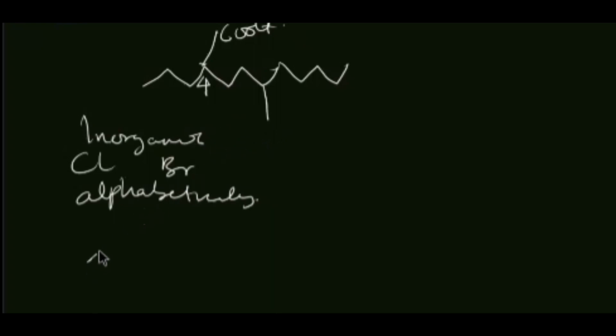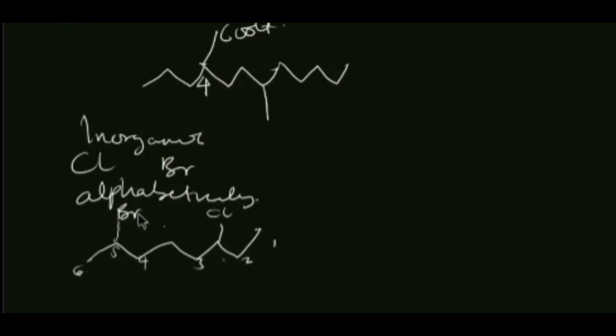So assuming you have something like this, you have your bromine, then you have your chlorine somewhere here. This is carbon 1, carbon 2, carbon 3. So 1, 2, 3, 4, 5, 6. Bromine is at carbon 5. If you want to name, you have 5 bromo.